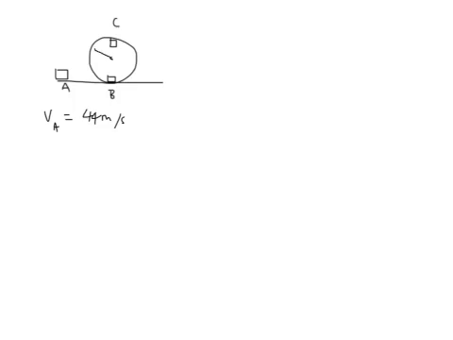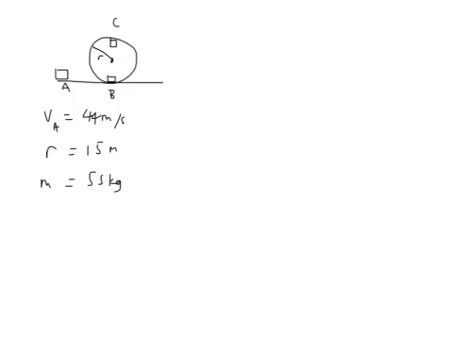The radius of our loop-de-loop is 15 meters. And of course that's a constant radius, it's the same radius everywhere. So no matter where you draw that radius, it's 15 meters. The mass of the cart is 55 kilograms, let's say.